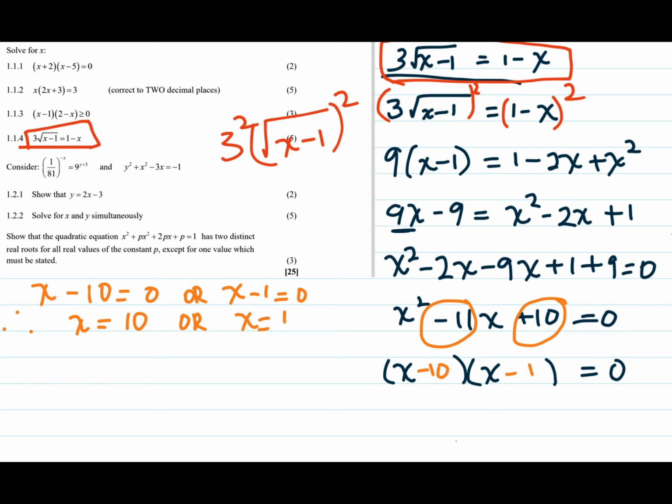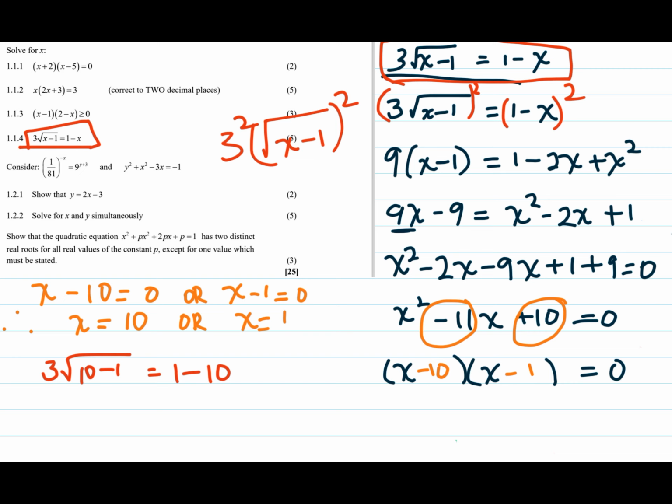It's going to be 3 square root of 10 minus 1 is equal to 1 minus 10. If you press your calculator, you see that this is not a correct solution. So that means that x is equal to 10 is not a solution.